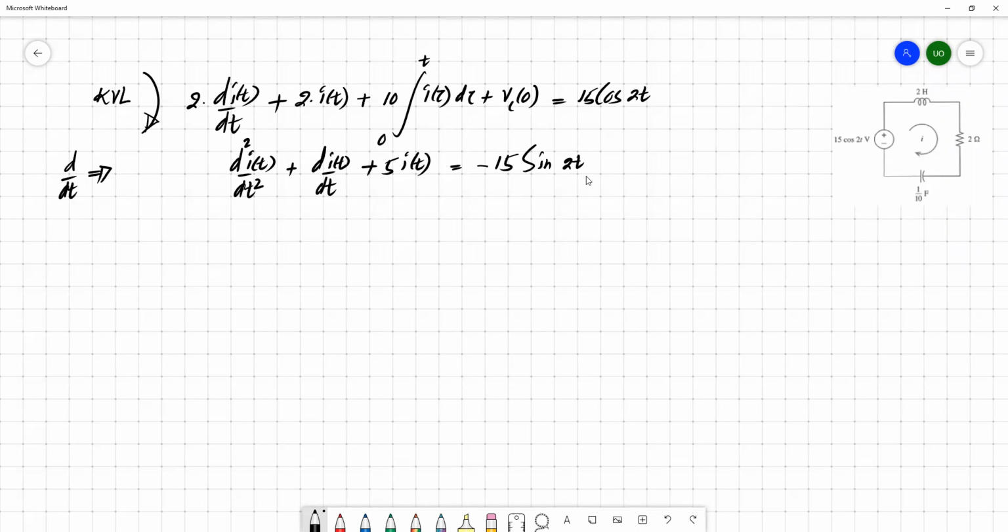So by looking at this, this is a second order differential equation. If you carefully go through these individual terms, you can see that you have a second order derivative here.